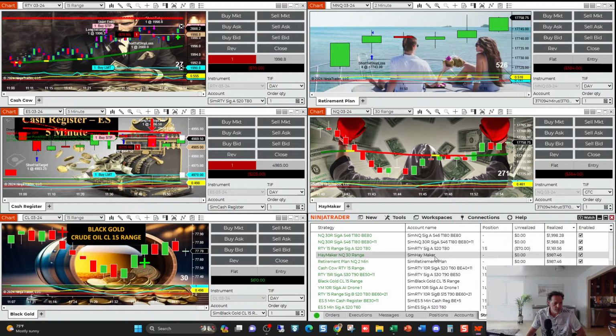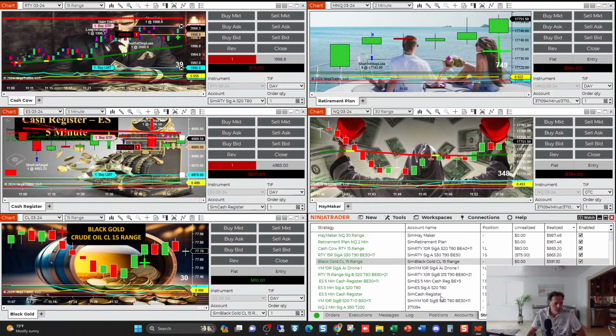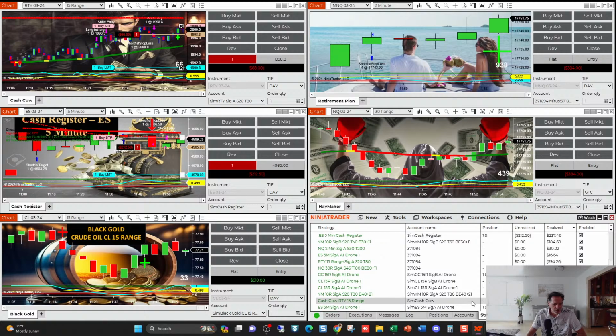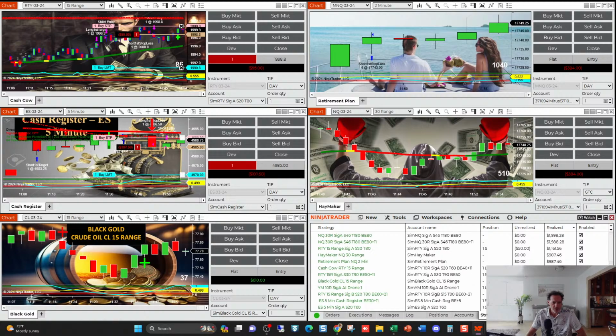Client strategies, 4 of the 5 here on my machine did really well today. And then the cash cow got zonked. Rory had his get up to 500 and cut it off. I think mine hit the floor, but we got 4 out of the 5 today, so that's really awesome.